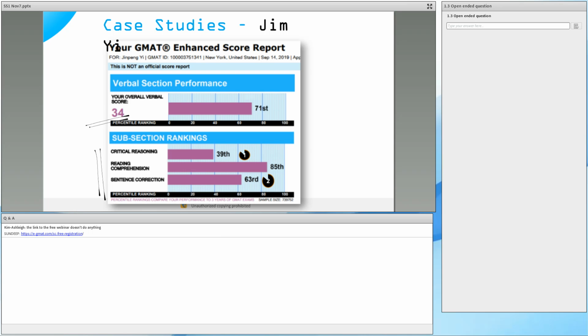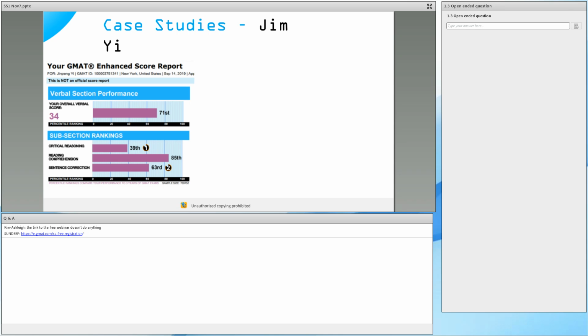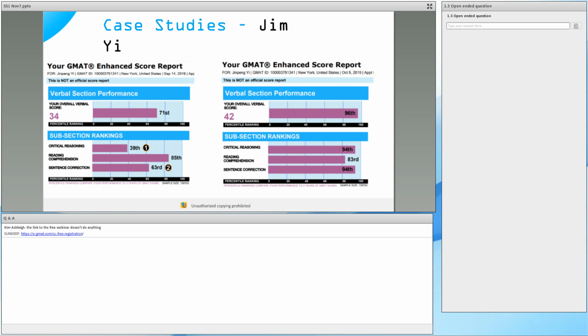And within 20 days, he was able to go from that V34 to V42. And you can see the ability improvement from 39th percentile to 94th percentile. And sentence correction again from 63rd percentile to 94th percentile.